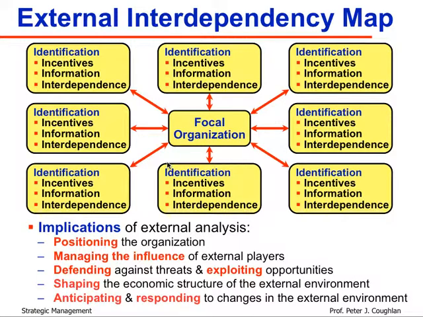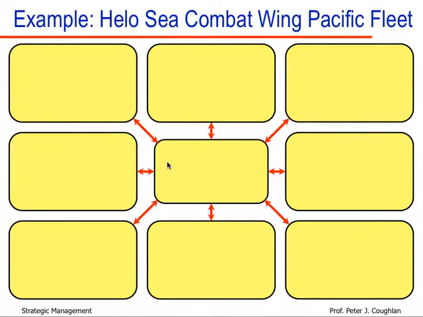What does that mean for positioning, for opportunities and threats, and changes, these sorts of things. So again, the map itself is just a piece of the story. It just tells you the basic story of who the players are. But ultimately, of course, the text goes deeper into the analysis.